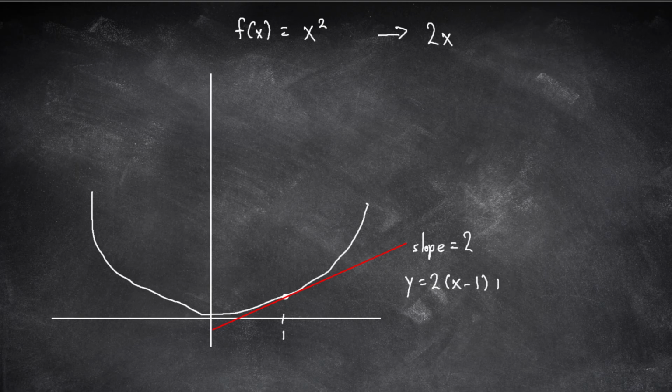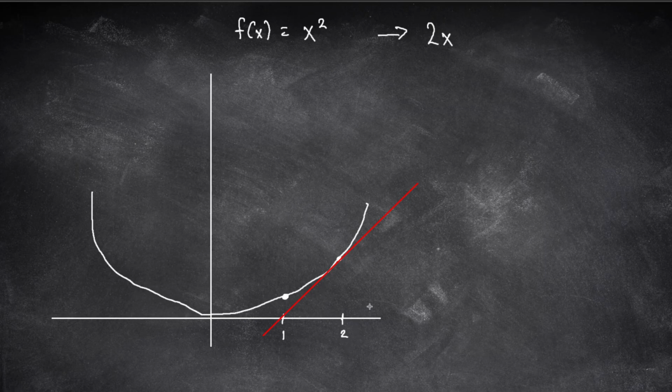Let's try another one. Instead of x equal to 1, let's say x is equal to 2. Well, now we need to find the derivative at this point. So this obviously looks steeper. Is it actually steeper?